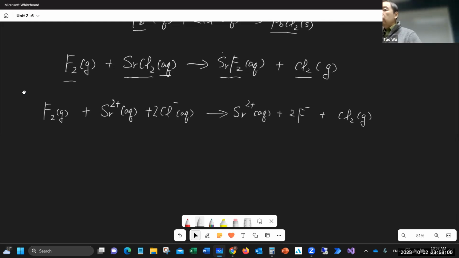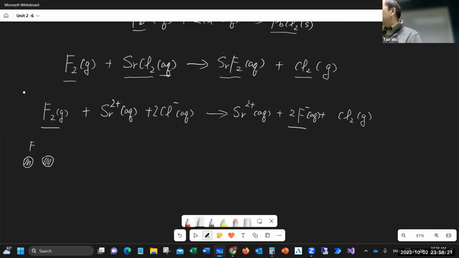That's because the meanings of those are completely different. For example, F2 and 2F mean different things. Why? F2, if this is a single fluorine molecule, what does that mean?